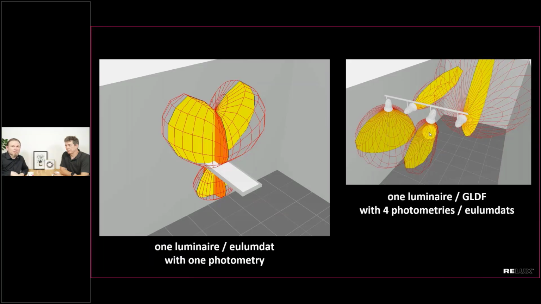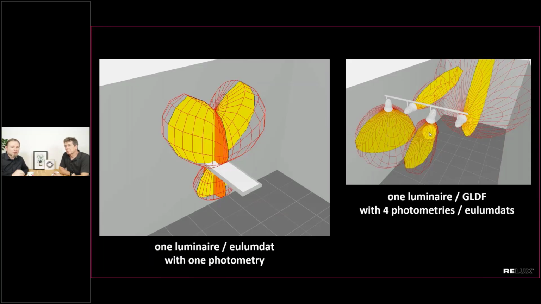These are different things, but of course deeply connected. The most important asset inside a GLDF file is the photometrical file, like an Oilumdat. On the lowest level, a GLDF file will include only a photometric file, and from that point it is useful for a light calculation.